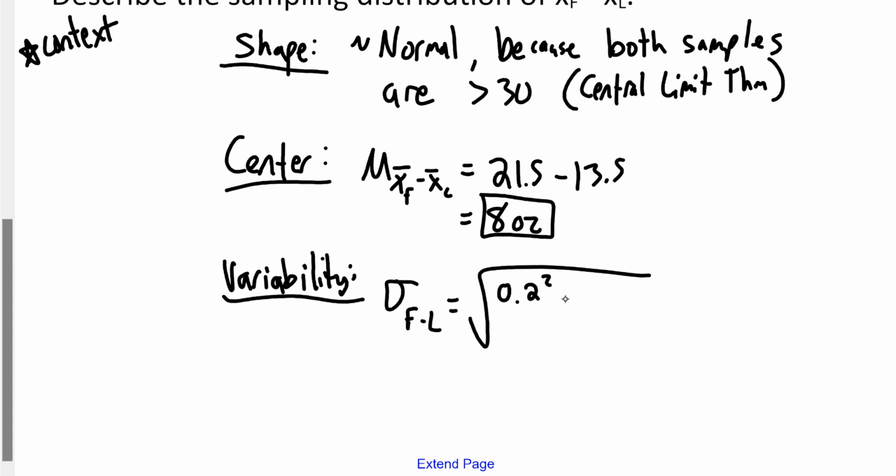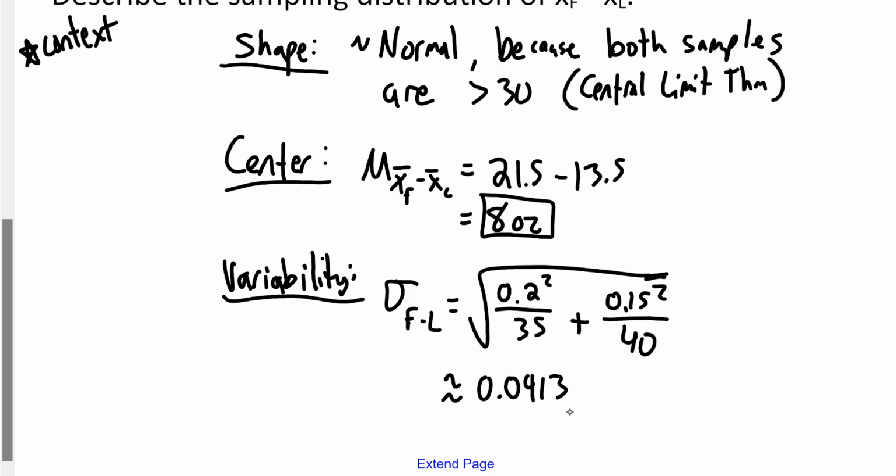That's sigma squared from the family size divided by the n value plus sigma squared of the large size divided by its n value, which was 40. And if we do the calculations, that gets us approximately 0.0413 ounces.